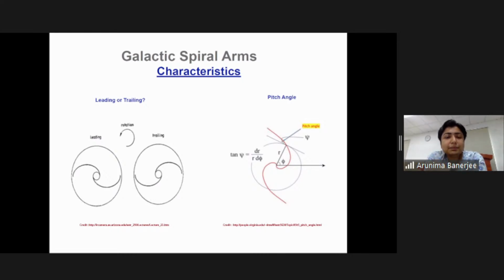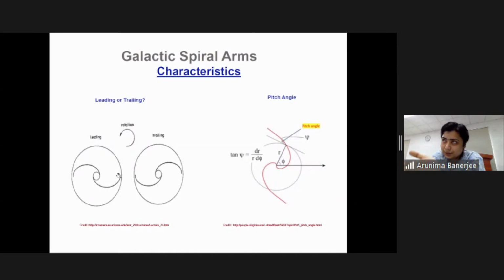A leading spiral arm is one in which the direction of the spiral is in the direction of the rotation of the galaxy. So if you see here, the sense of rotation of the galaxy is indicated. It is anti-clockwise. And here, this spiral arm has the same sense; the curvature is in the same sense as the rotation of the galaxy, right? So this is a leading spiral arm.